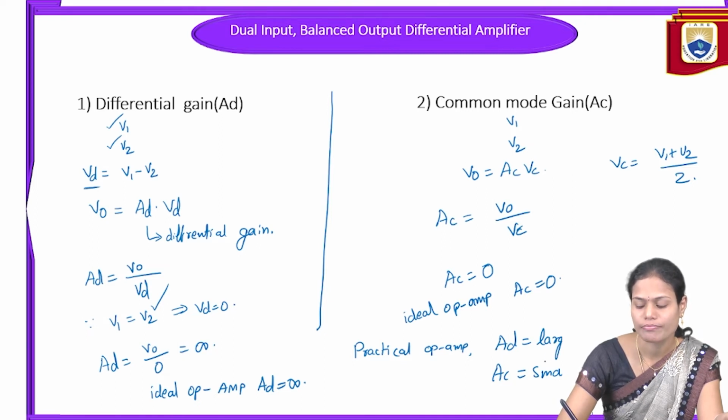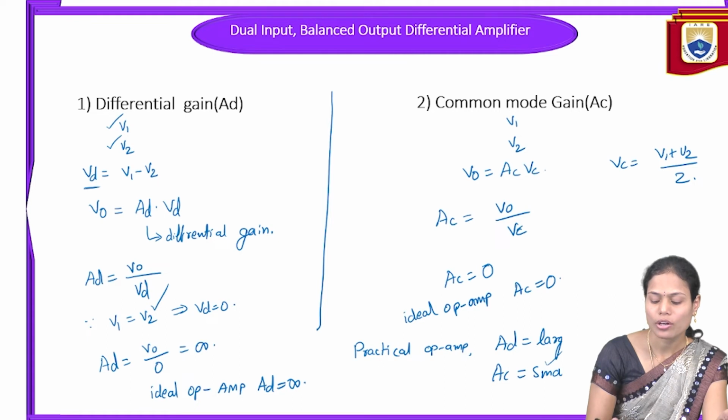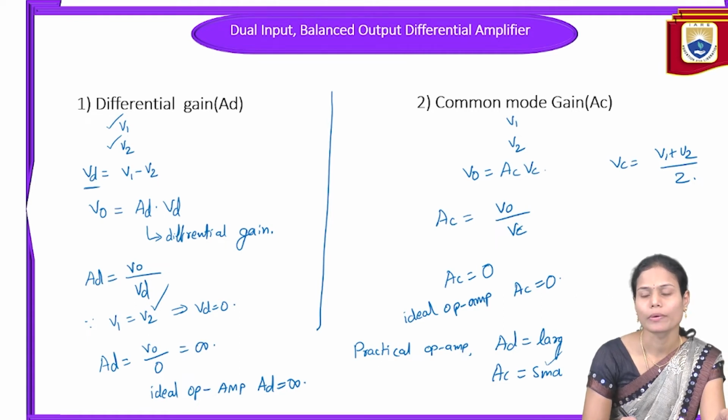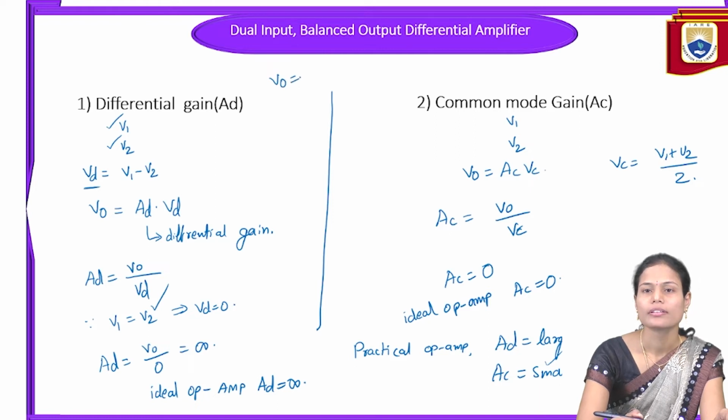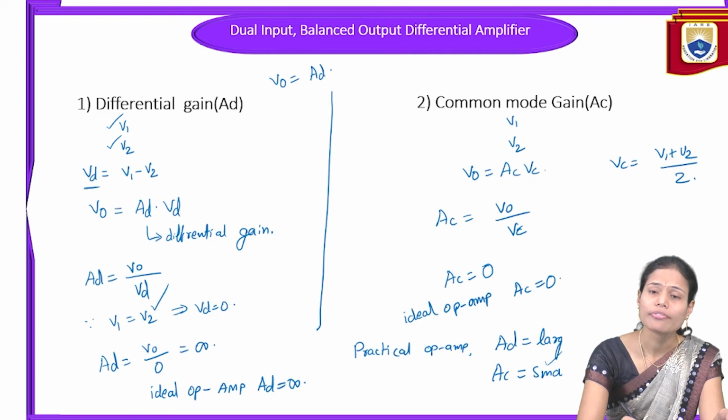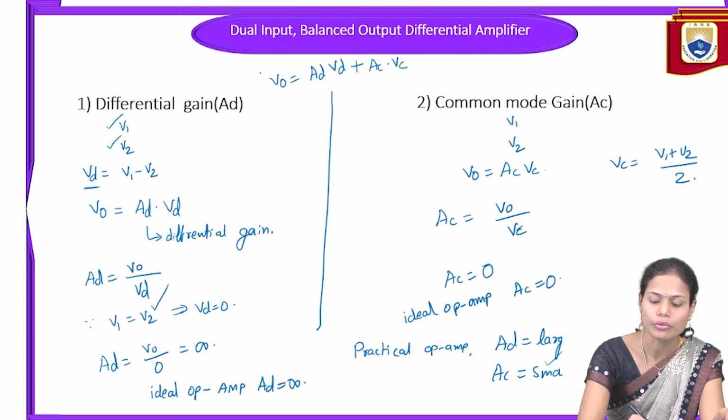So overall, in the practical operational amplifier, if we write the output voltage, it is the sum of the differential voltage gain into the differential voltage plus the common mode gain into the common mode voltage.